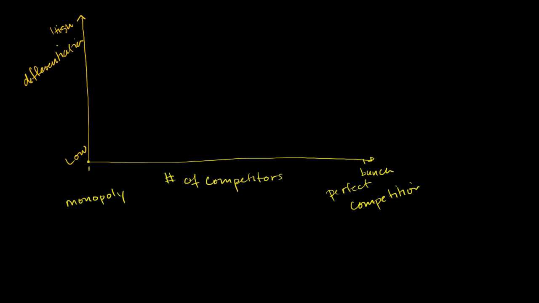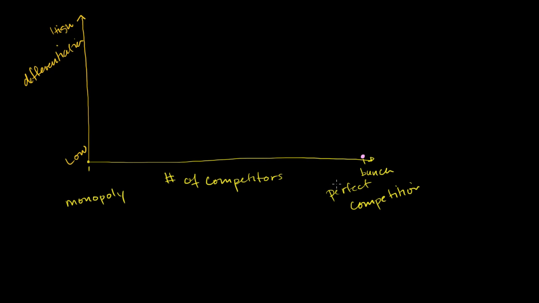So let's just say that we live in a world where there's 50 producers of screws, and all of those screws are completely identical. And so if one producer charges even a penny more, no one's going to want to go to them because they can get the exact same thing from one of the many producers. So that would be a case right over here. Low differentiation, all the screws are the same, and there's a bunch of competitors.